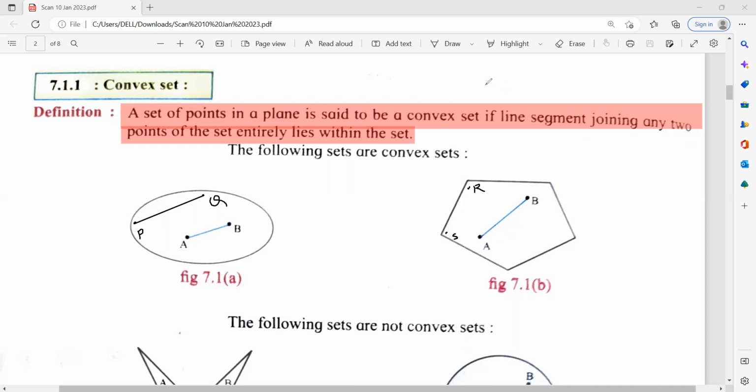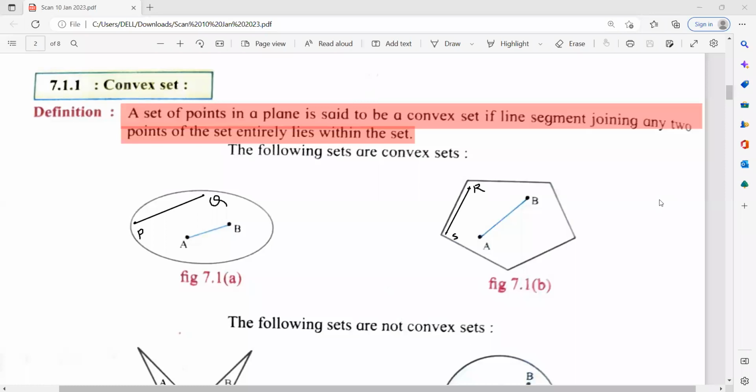Now these 2 points belong to the set. Let me join R with S. What I notice is that this segment once again lies within the set. This is also a convex polygon. It's a convex set. I hope it's clear to you all.